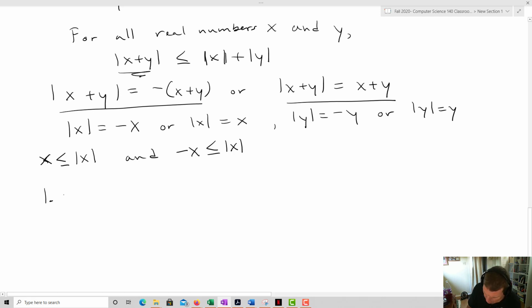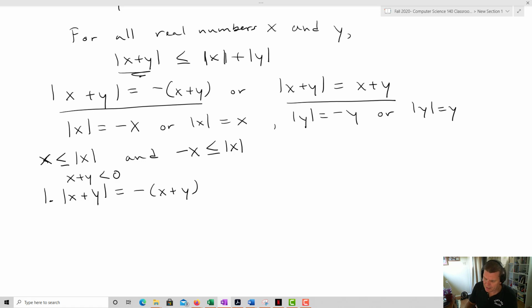So we'll start with first that the absolute value of x plus y is equal to negative x plus y. Okay? In that case, we might say x plus y is less than 0. So if that's the case, then the absolute value of x plus y is equal to the negative of x plus y, which equals negative x plus negative y.